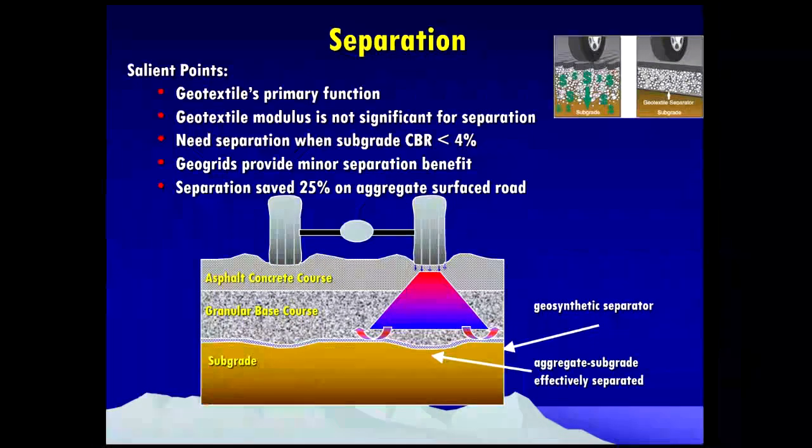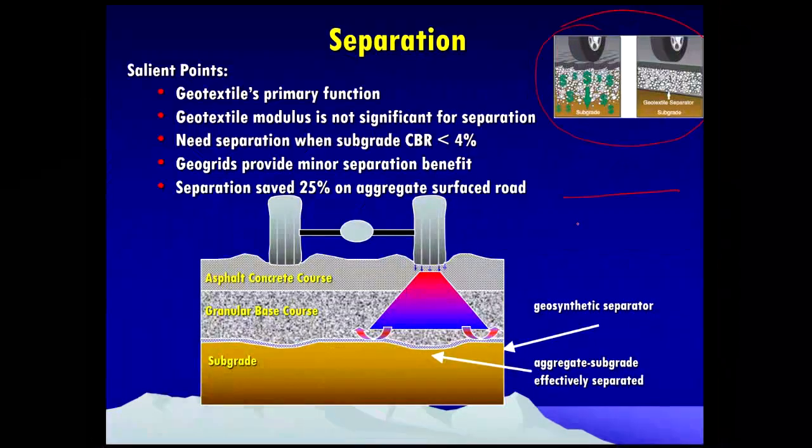Now, when it comes to the separation process, let us discuss one by one. What is separation? Why is it required? How is it important? The concept of separation is perhaps illustrated by this figure.